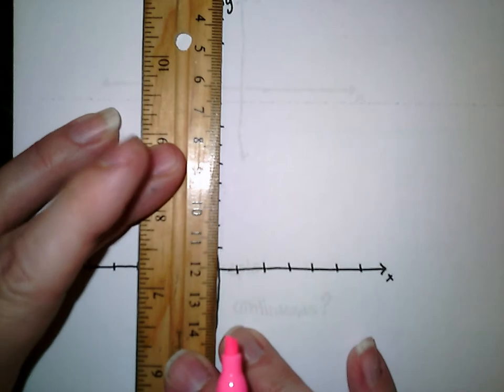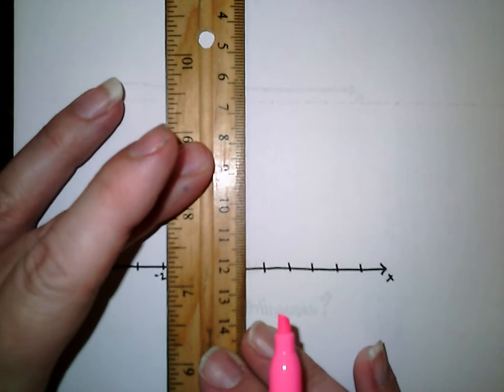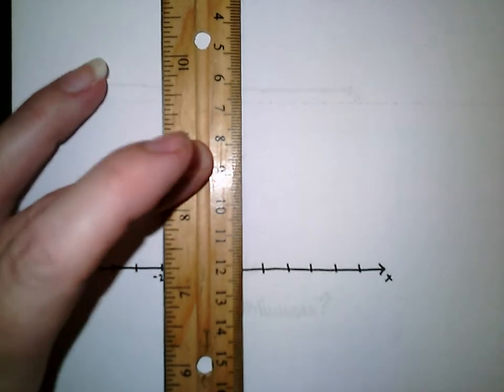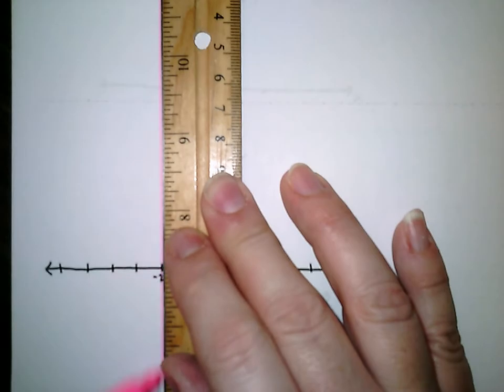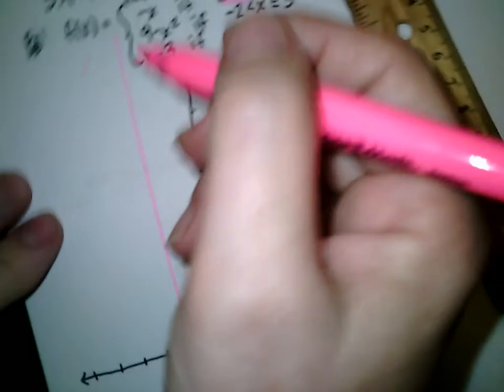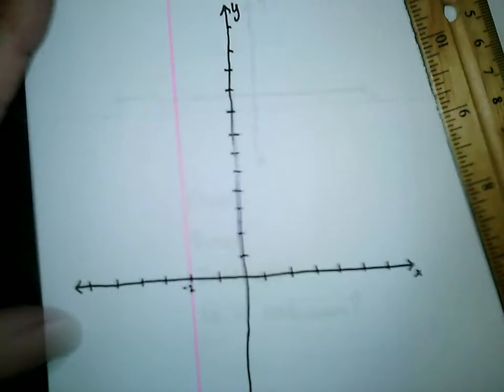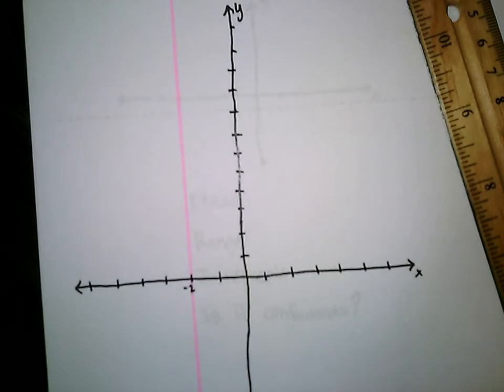I'm going to try and make it somewhat parallel to the y-axis. So from -2 to the left is all going to be that zone.